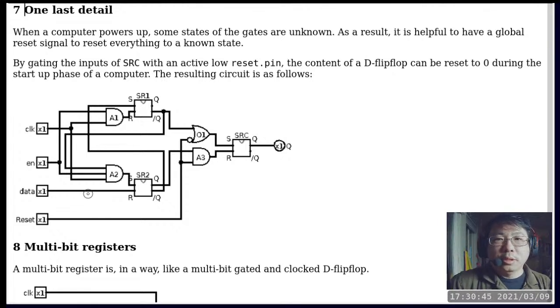So this is the diagram. This is the D flip-flop that is resettable, because there's a reset or clear. We want to know how to reset the content, which is this particular SR latch, so that it becomes 0 again.